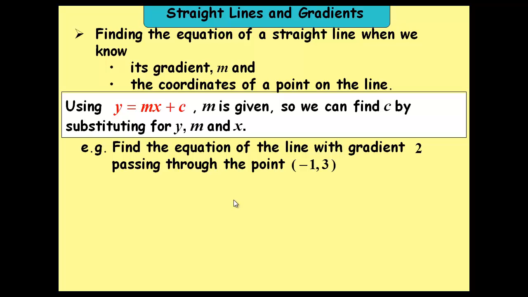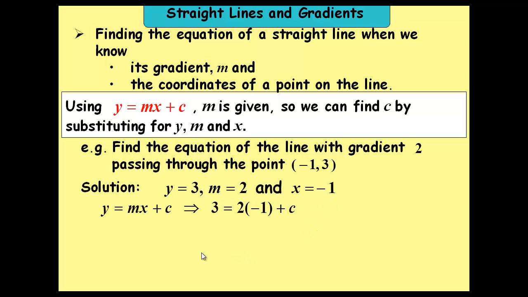So for example, we know the gradient's 2 and we know that the line passes through (minus 1, 3). So we use y equals 3, m equals 2, x equals minus 1. So in y equals mx plus c, when y is 3, x is minus 1, m is always 2.